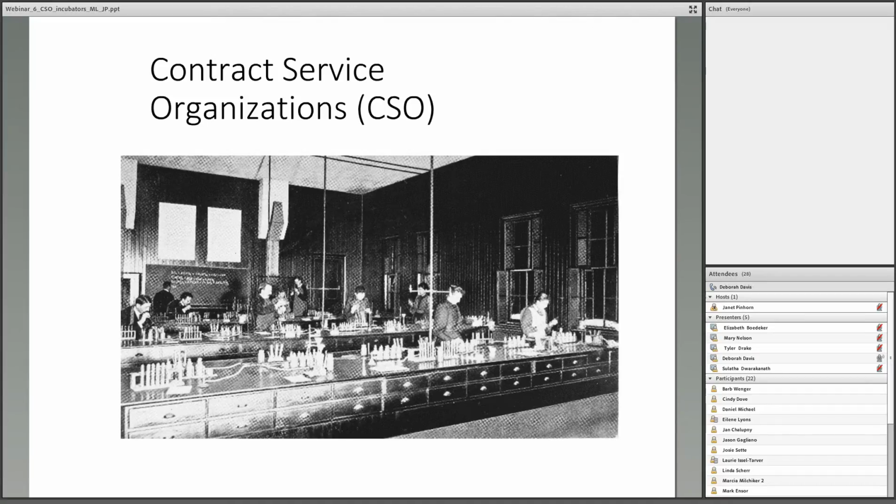Well, generally it's a for-profit organization that provides support to the bioscience industry in the form of outsourced services. So when I say biotech industry, I'm talking about pharmaceutical companies, maybe pharmaceutical fulfillment industries, medical devices, academic research, independent researchers, government researchers, and the like.